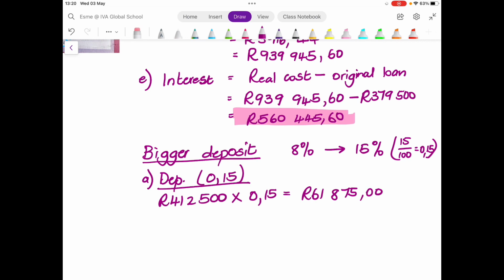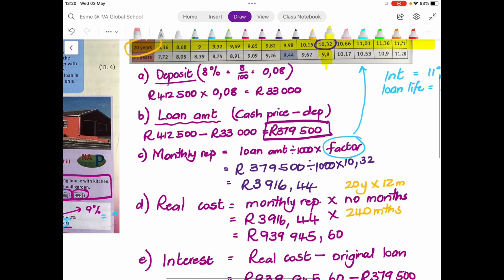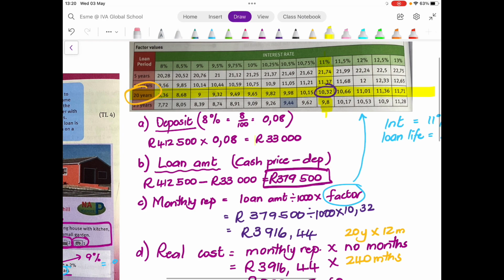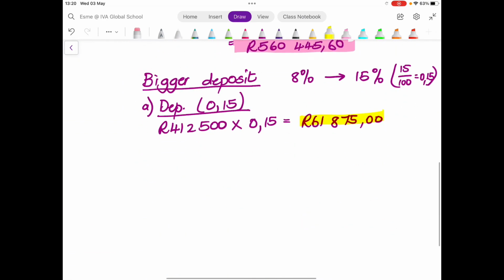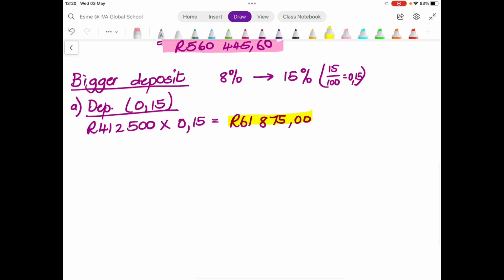Right, you compare this amount, 61,875, compared to the 33,000 there, you are putting down, or you are paying immediately. So the immediate benefit is you are paying 28,875. Well, how did I get that?